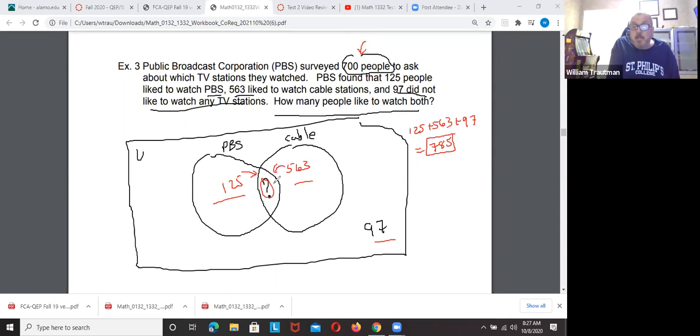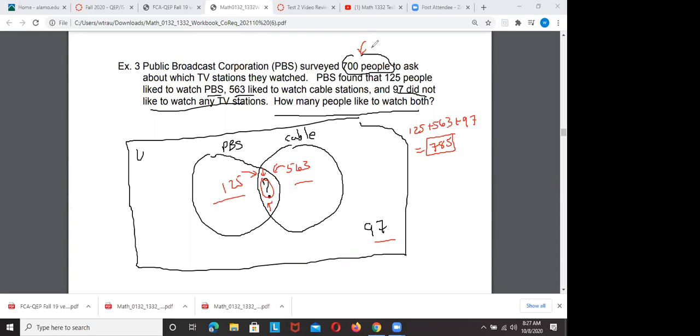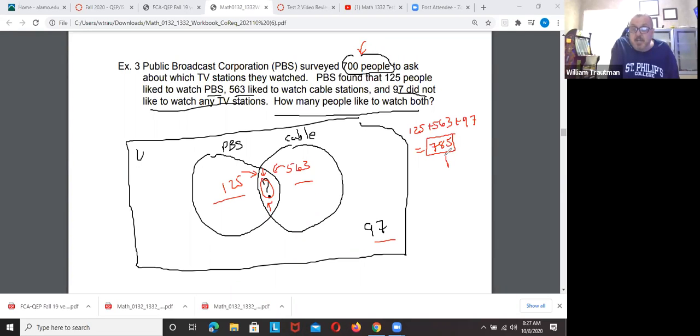So, can anybody tell me right now, what do they think this number is? 85. Yes, because we're 85 over the 700 that were surveyed. So 85 was counted twice. So I'm going to go ahead and put that in there. Let me circle this.